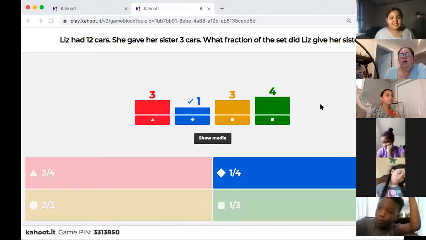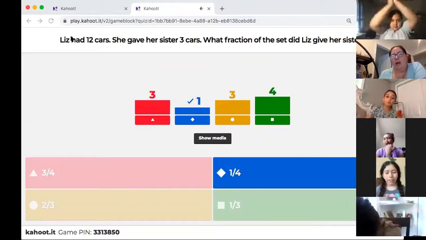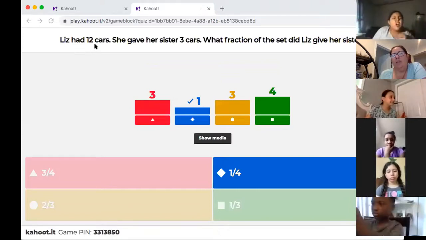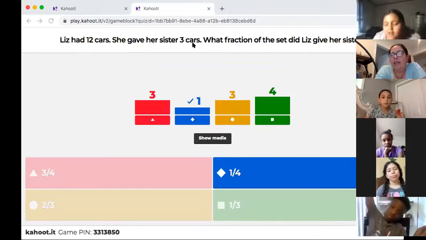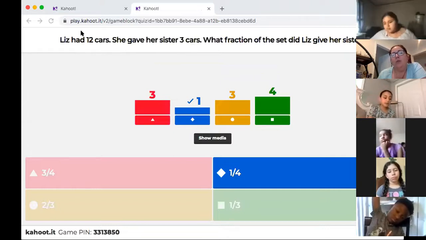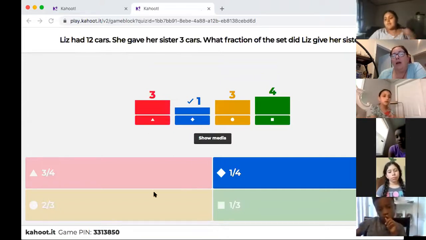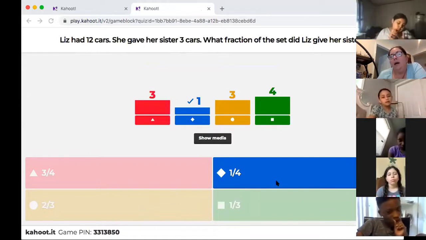Hey. So the fraction that it's talking about here in the first problem, Liz had 12 cars. She gave her sister 3 cars, right? So we could say that that's 3 out of the 12 cars, 3/12. But our answer choices meant we needed to find an equivalent fraction, right?